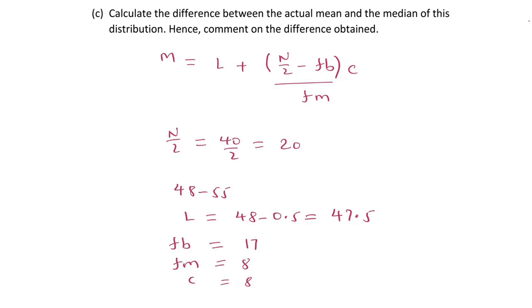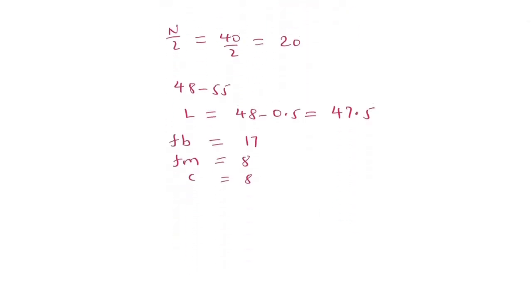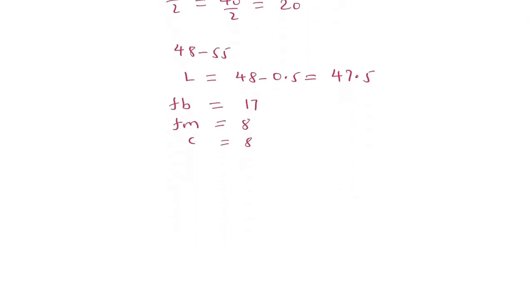Okay, so now let us replace these values into our formula. Then our equation is going to be median equals 47.5 plus, in brackets, 20 minus 17 over 8, times 8, of which after solving the values, we are going to have 50.5.